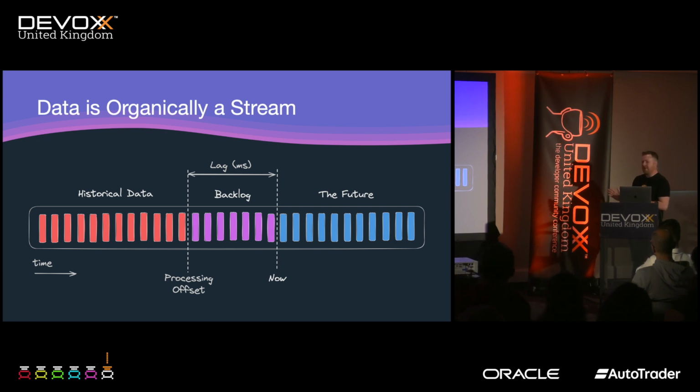The backlog is the difference between where we're processing data from and now. So if I'm processing data 2 minutes in the past, I have a 2-minute backlog, and my lag is 2 minutes. Certain storage systems, such as Kafka or Kinesis streams, have these lag and millis-behind-latest metrics as first-class citizens and concepts.